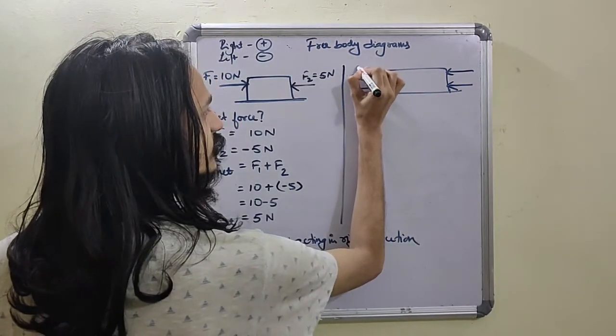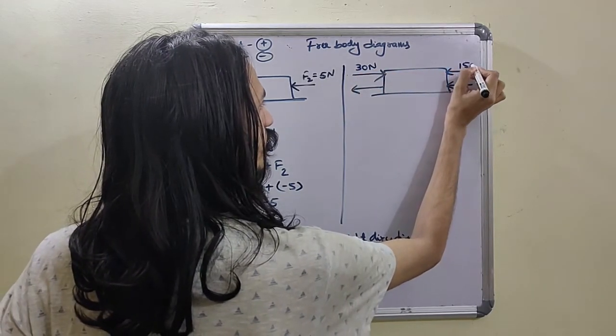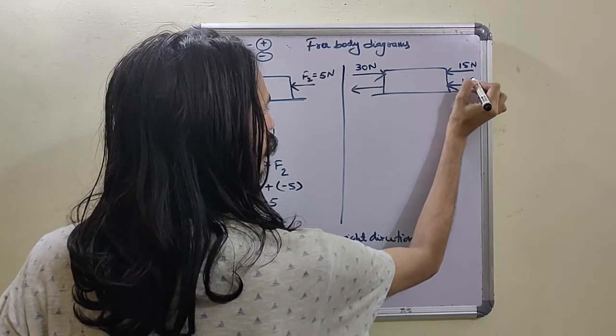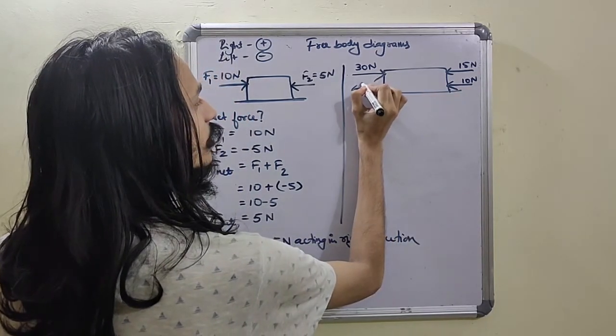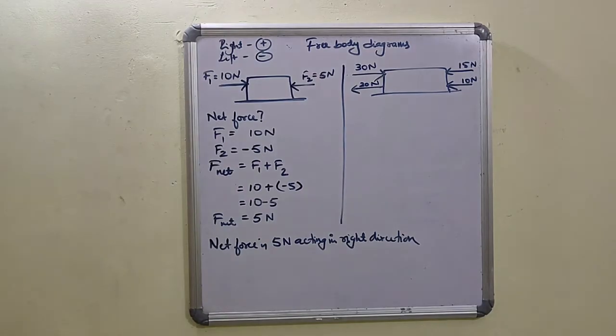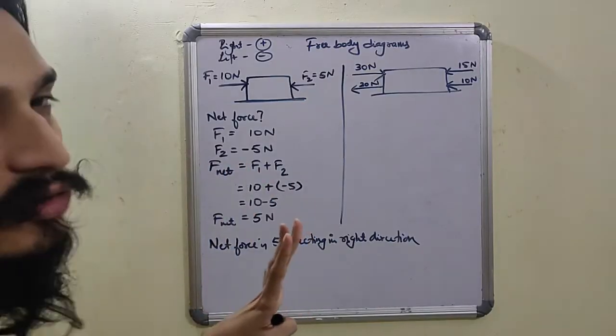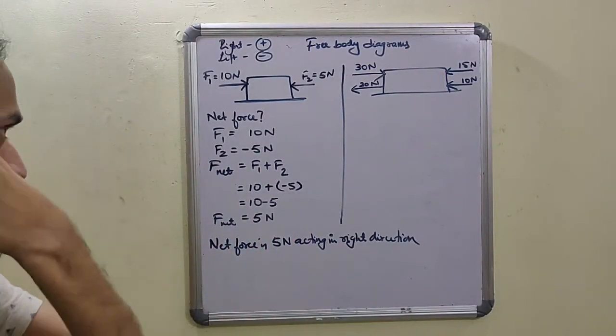I'll say this is 30 newtons, 15 newtons, 10 newtons, 20 newtons, something like that. So I know that there are 4 forces acting on the object.